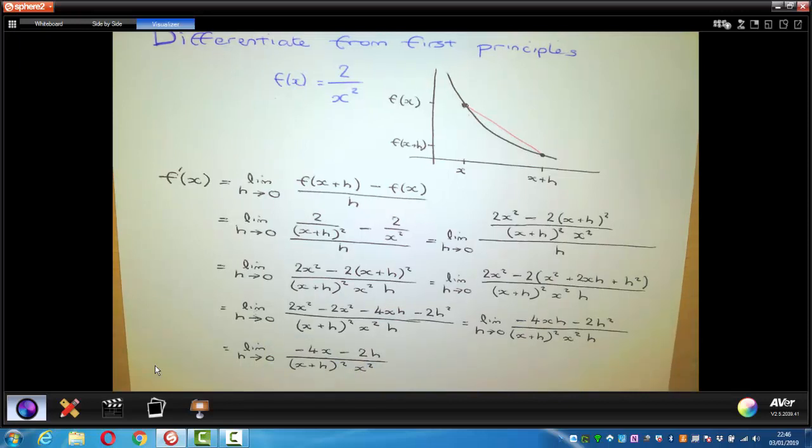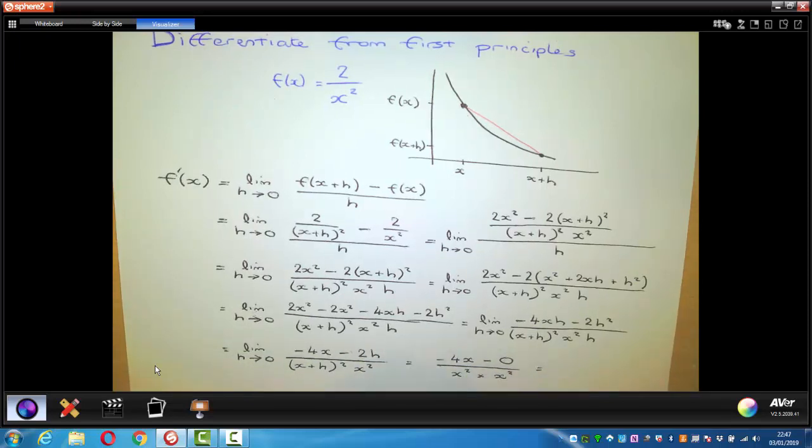And now finally, we can set our h equal to 0, take the limit, this term will disappear, so we get minus 4x minus 0, x plus h all squared will be x squared times x squared, so we get minus 4x over x to the 4, or minus 4 over x cubed.